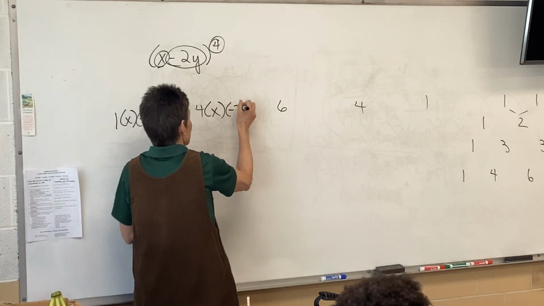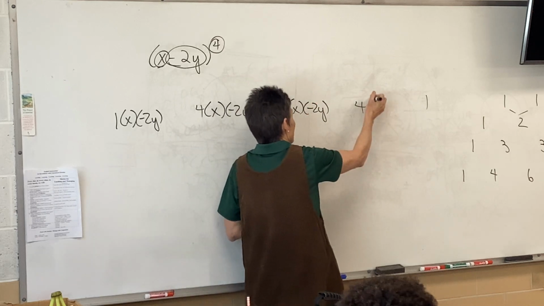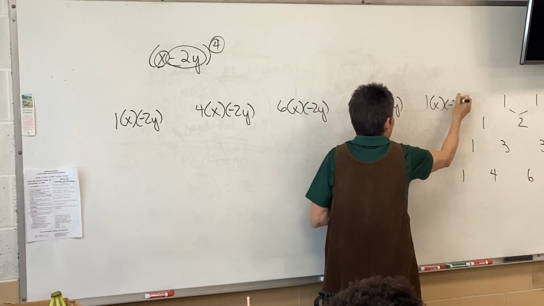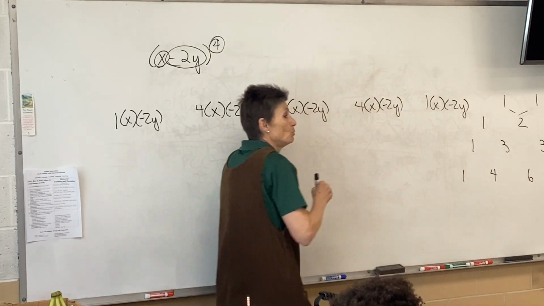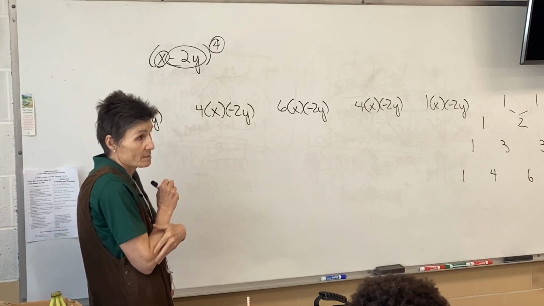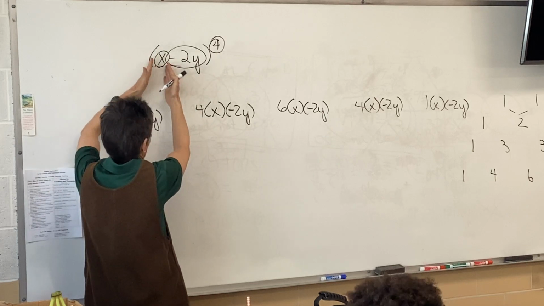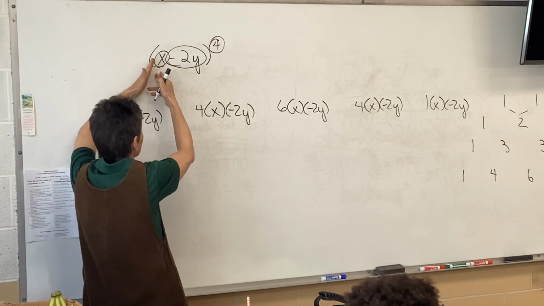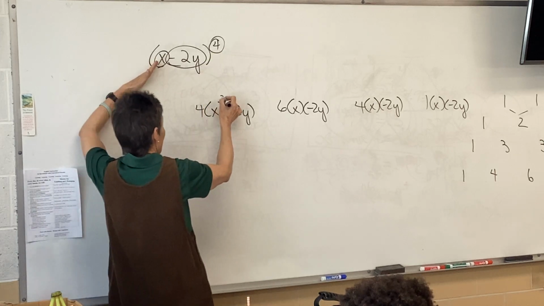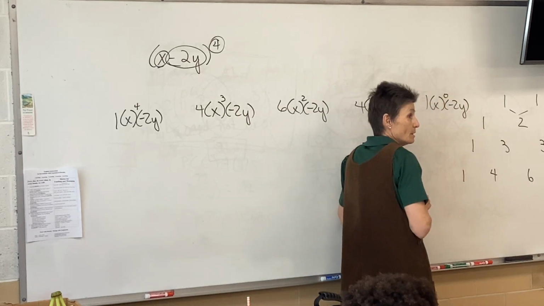Then we do what you said, which is put on the exponents. Remembering that the first term, x, goes to the 4th power and then counts down all the way till it gets to 0.